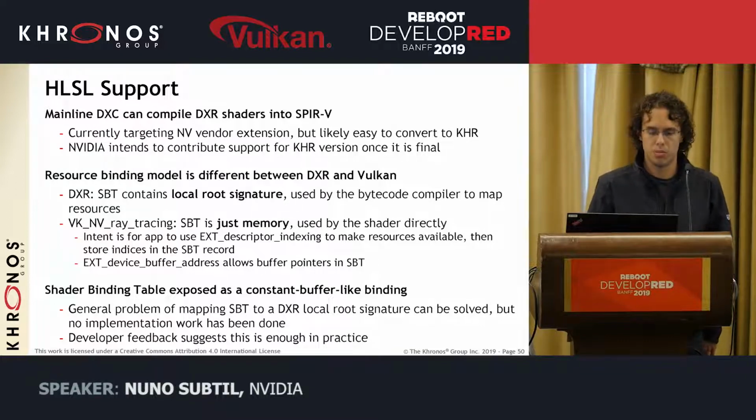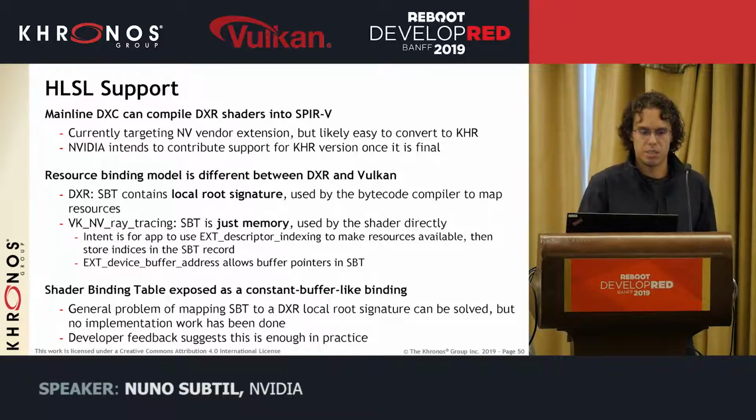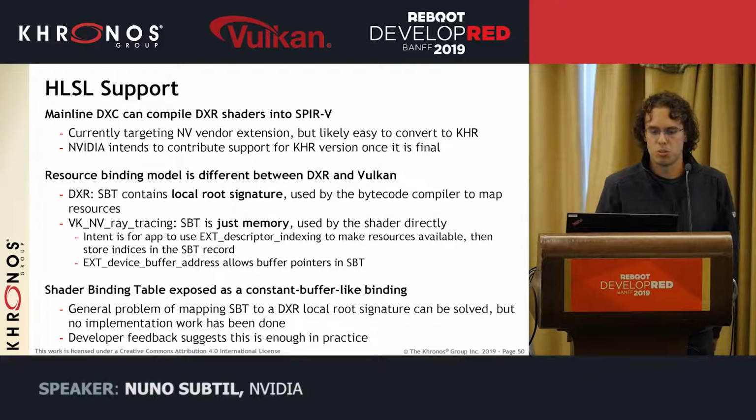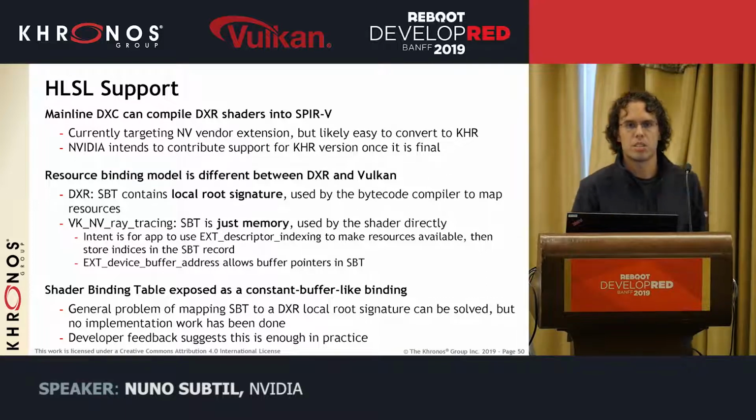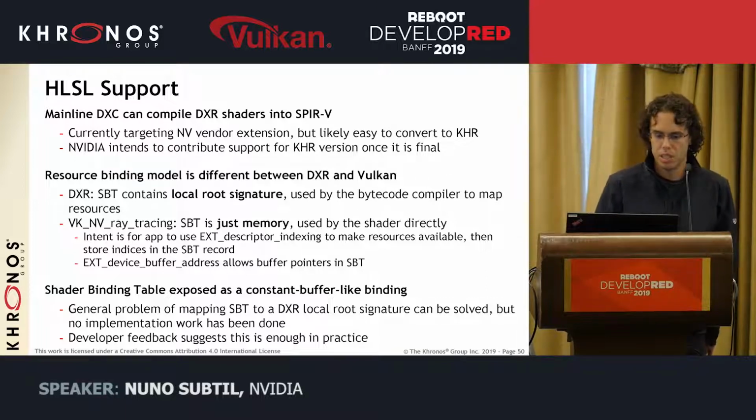This is because we've gotten feedback from various ISVs that are trying out ray tracing and implementing it in their applications, especially applications coming from DXR to Vulkan. The feedback we got so far is that this isn't actually required in practice. Most applications seem to use the local root signature to just store constant data, and they seem to do indexing into global arrays anyway, despite the fact that DXR allows you to stash resources directly in the SBT.